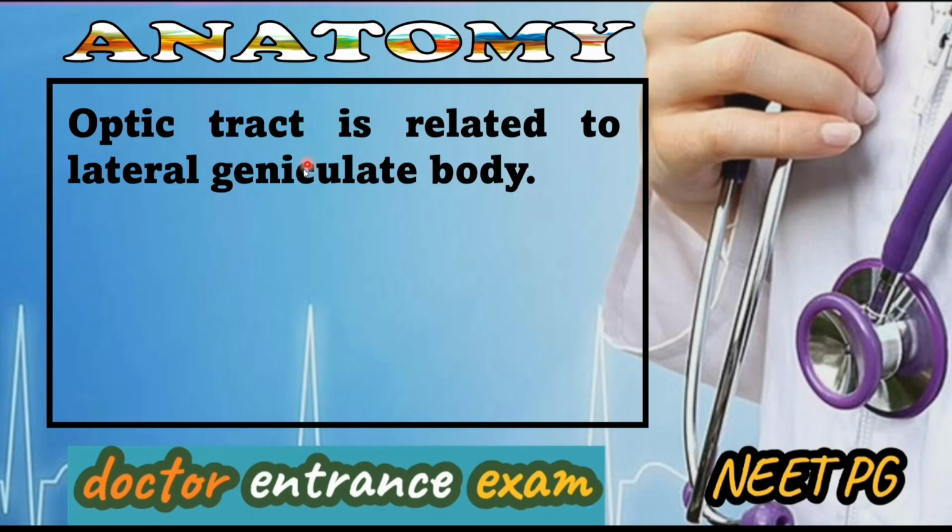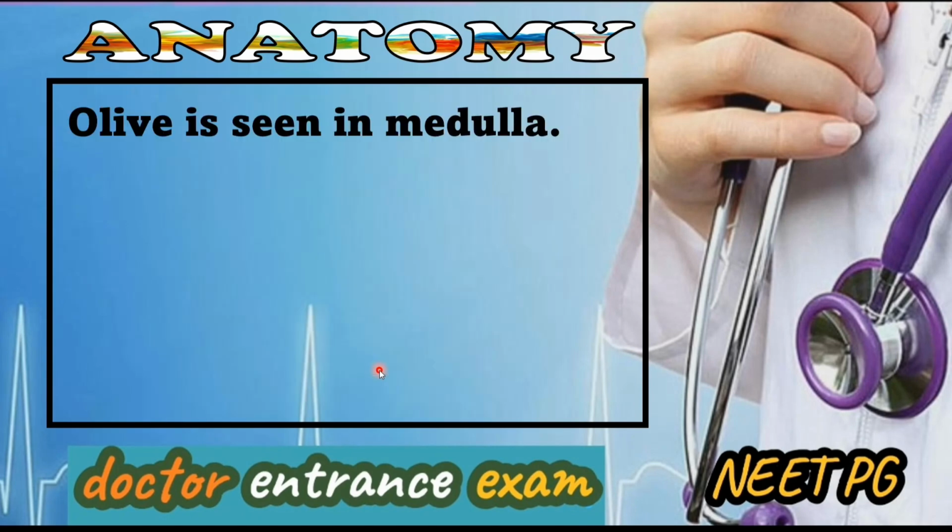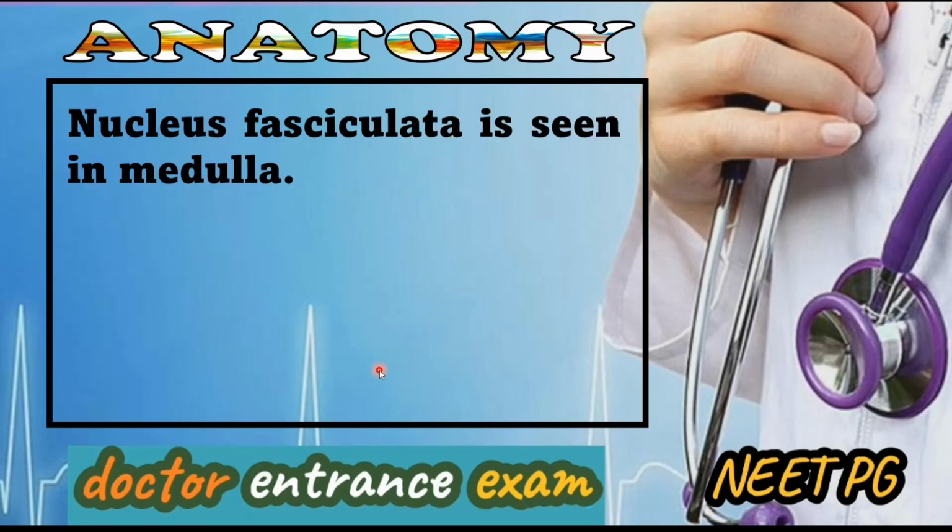Optic tract is related to the lateral geniculate body. Brainstem, picture of brainstem. It is thalamus, midbrain, pons, medulla, spinal cord, and this whole makes the brainstem. Olive is seen in medulla. Nucleus fasciculus is seen in medulla.